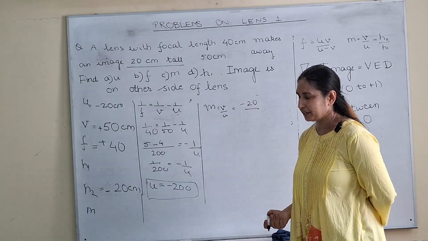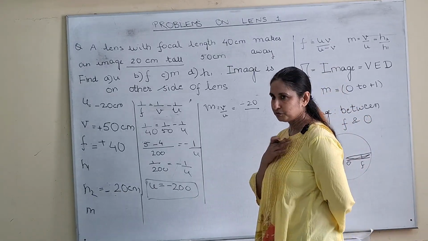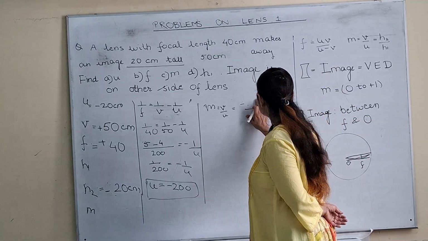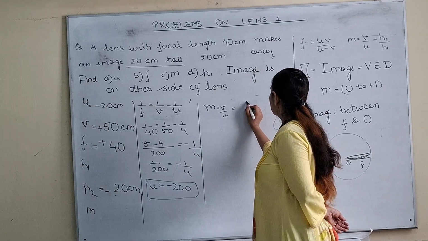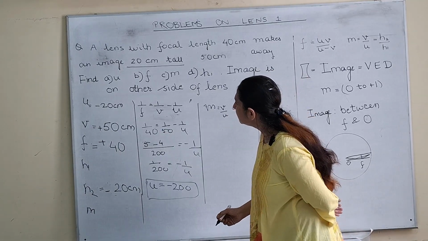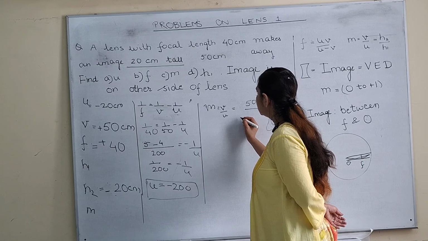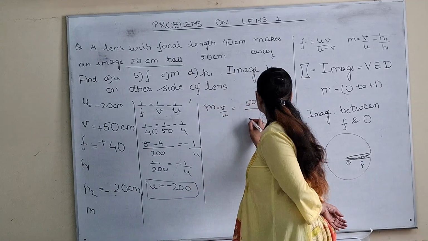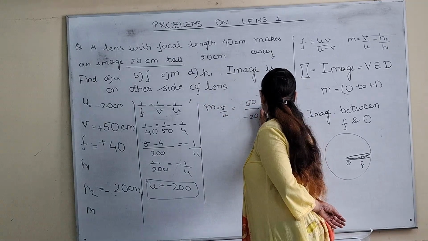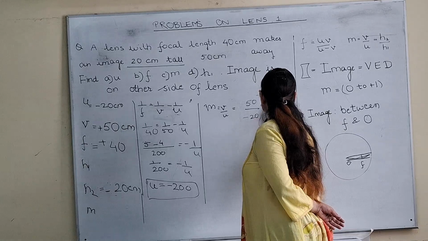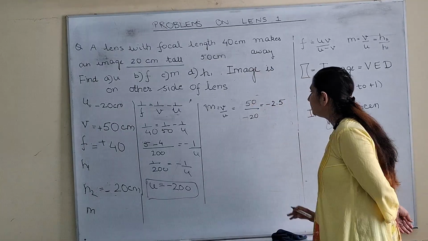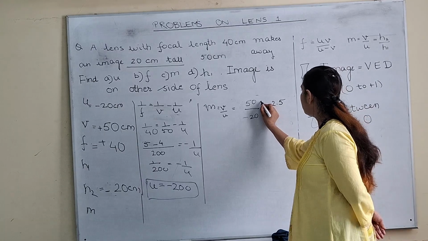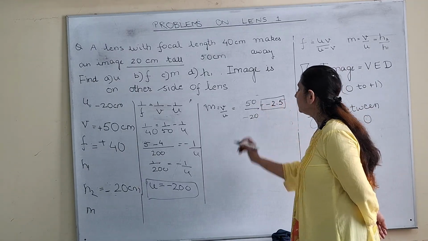Even I need to rest, so I'm giving rest to my throat. See, what is V? 50. And what is U? -20. That comes out to be -2.5. Okay. Magnification is -2.5.